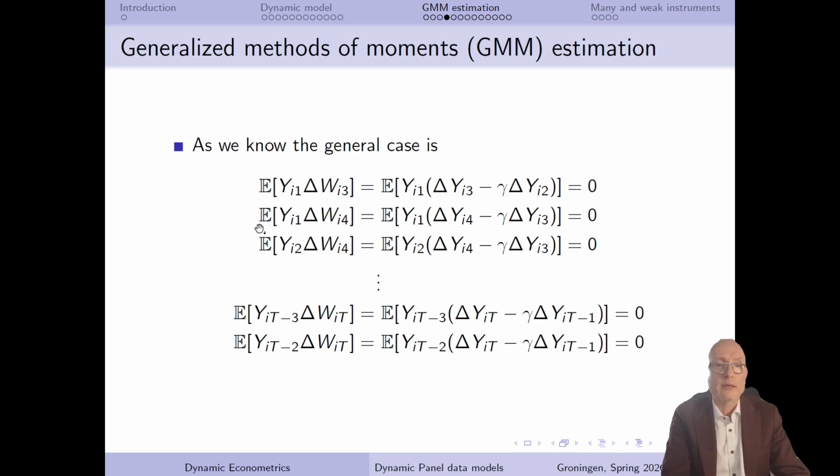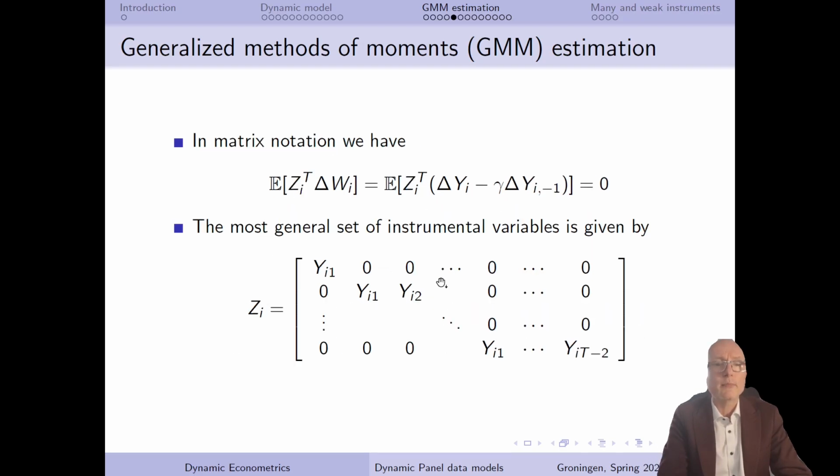So we can look at the mean of y_i1 multiplied with delta w_i4, that must be equal to 0, but also the mean of y_i2 multiplied with delta w_i4, that one should also be equal to 0. Well, we can go all the way, and we can even look at delta w_iT. Also, all these things should be equal to 0. So that implies that we can also write this in matrix notation. Of course, we can keep it like this, but this is a little long.